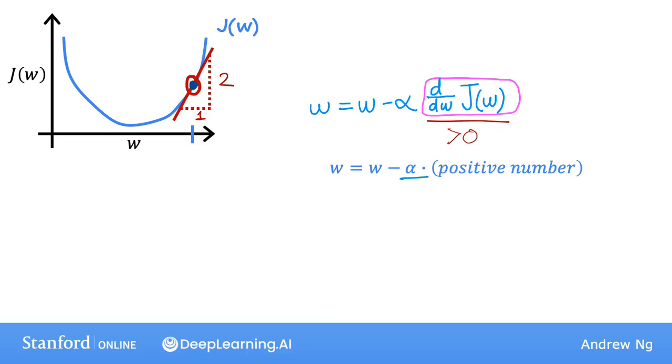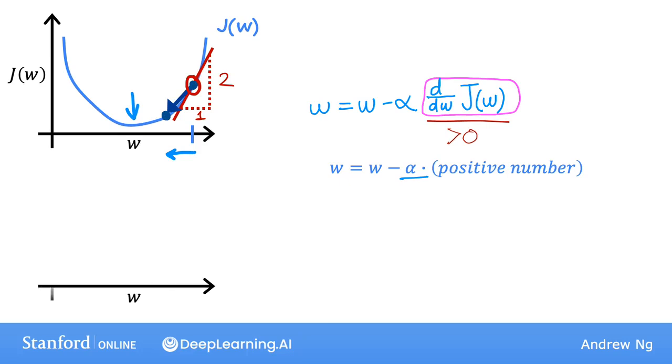So on the graph, you are moving to the left. You're decreasing the value of w. And you may notice that this is the right thing to do if your goal is to decrease the cost J, because when we move toward the left on this curve, the cost J decreases and you're getting closer to the minimum for J, which is over here. So far, gradient descent seems to be doing the right thing.